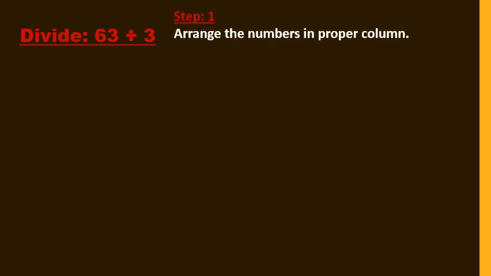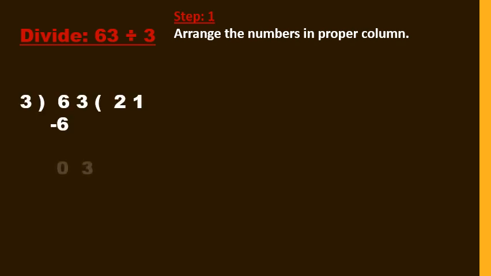Now let us try this example. Divide 63 divided by 3. Girls, we are going to solve this problem in 3 steps. Okay, so let's start with step 1. Arrange the numbers in proper column.